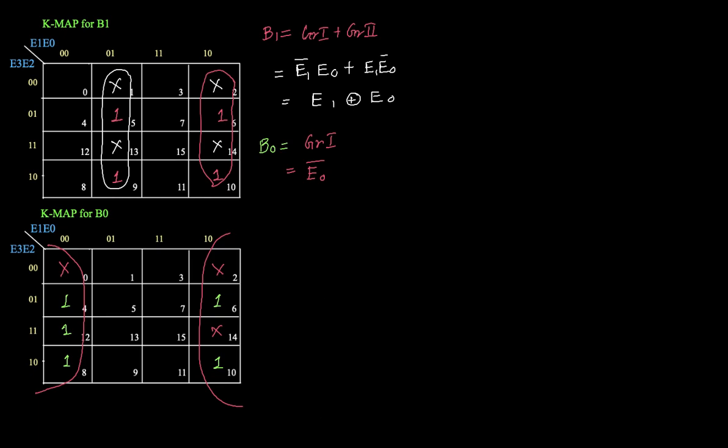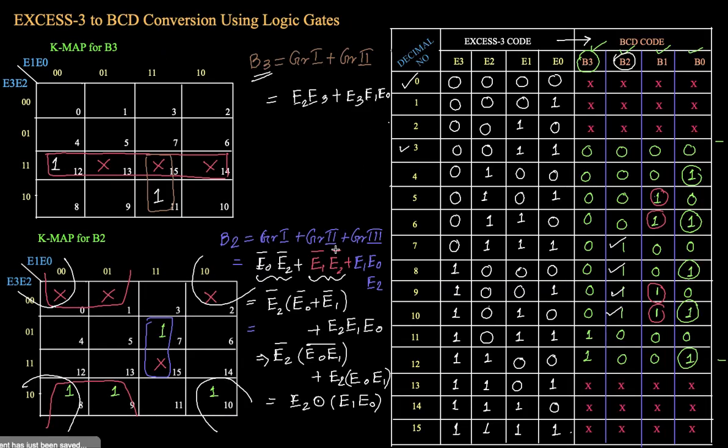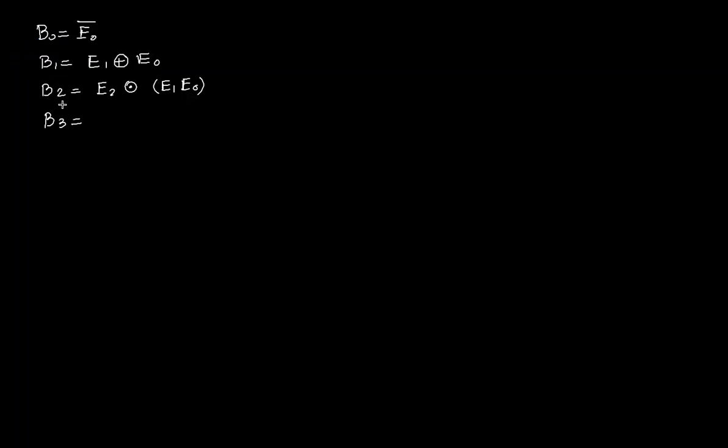B naught becomes E naught bar, B1 becomes E1 XOR E naught, B2 becomes E2 XNOR E1 ANDed with E naught, and B3 becomes E3 E2 plus E3 E1 E0.